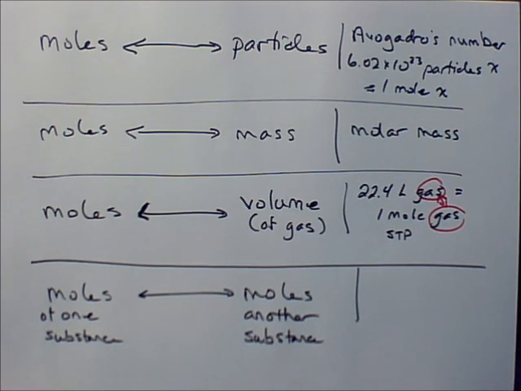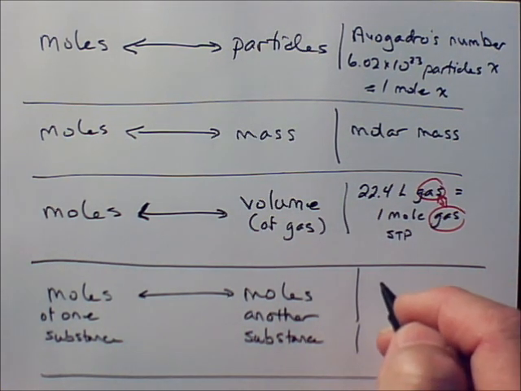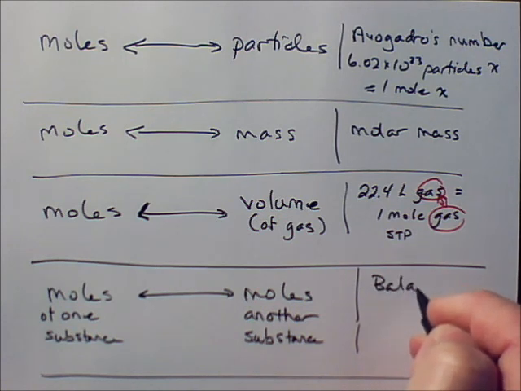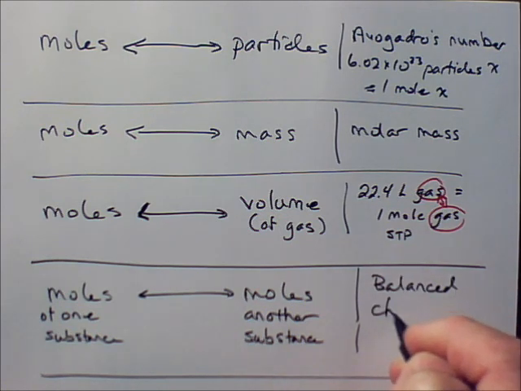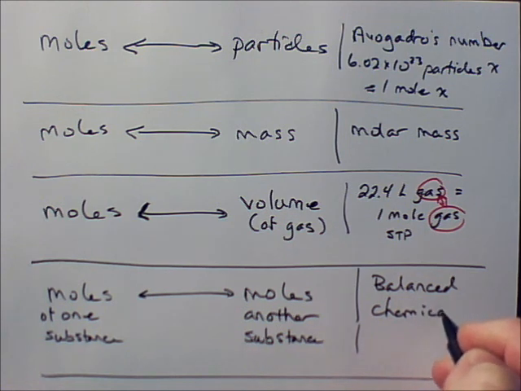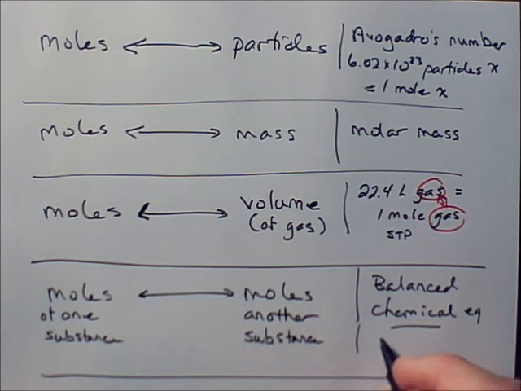Okay? To make this work, you must have a balanced chemical equation. And you use the coefficients to write the mole ratio. We're going to use the coefficients to write the mole ratio for this kind of conversion.